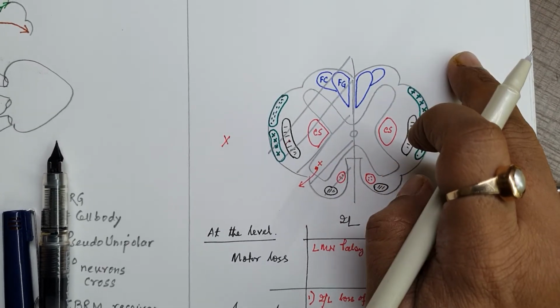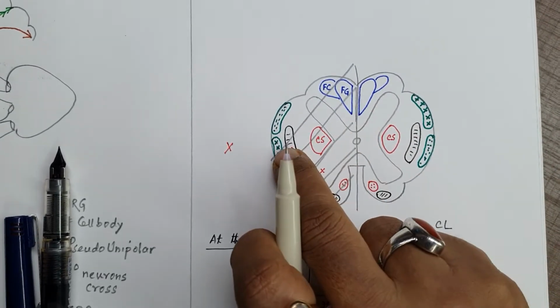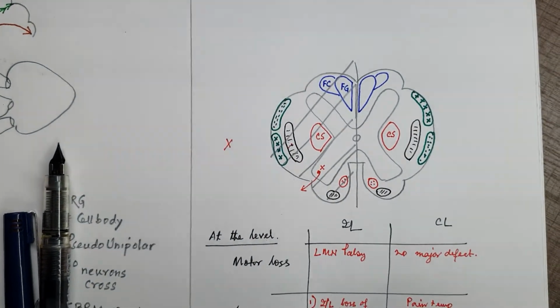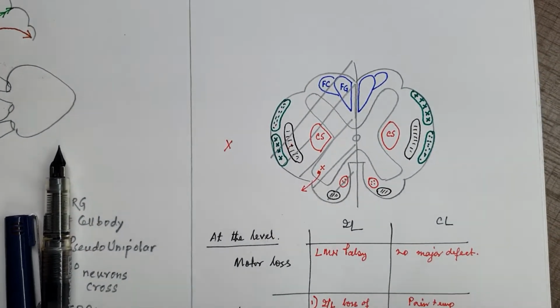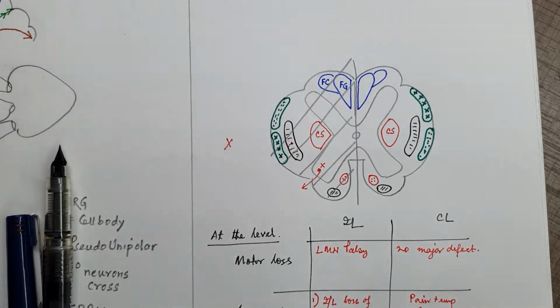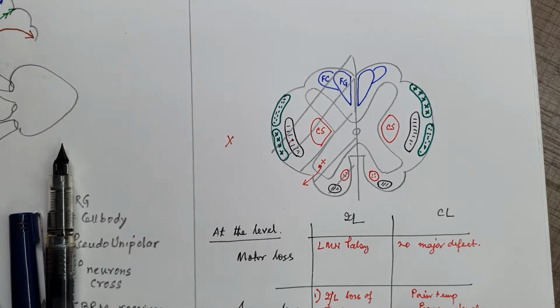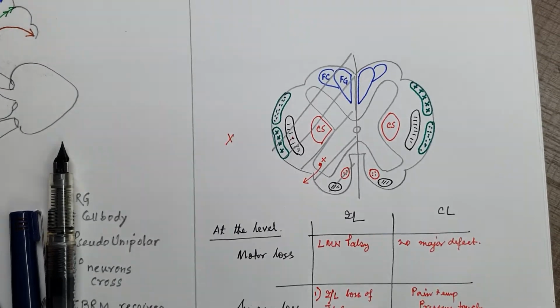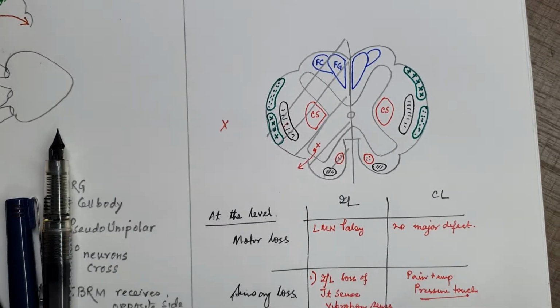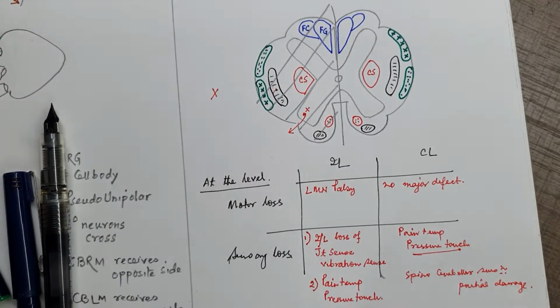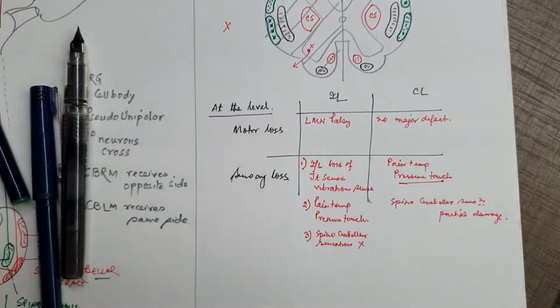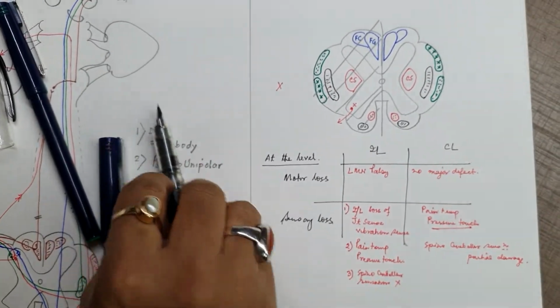This will escape. This will be damaged. So spinocerebellar sensation has partial damage. So this is what happens at the level.